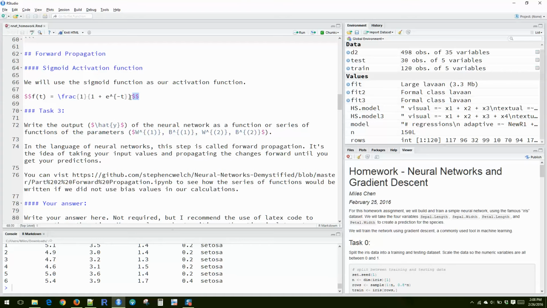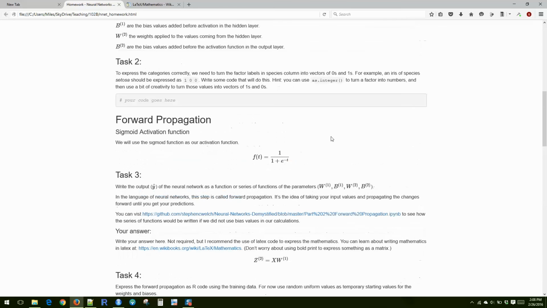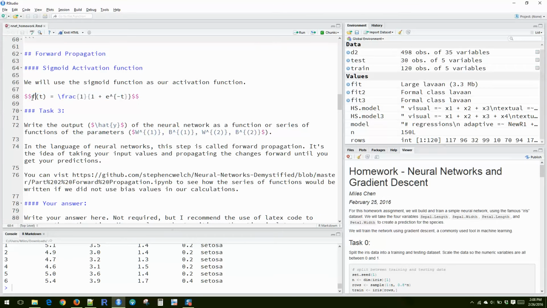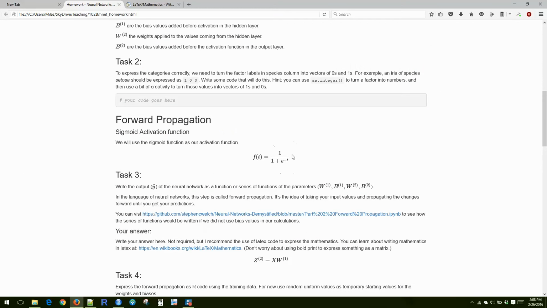If you use a double dollar sign, it will set that equation apart and center it. So that's this thing right here. The double dollar sign says I'm dealing with math, and then you write f of t, and then a fraction, where the numerator is 1 and the denominator is this. And then when it renders, it looks like that.